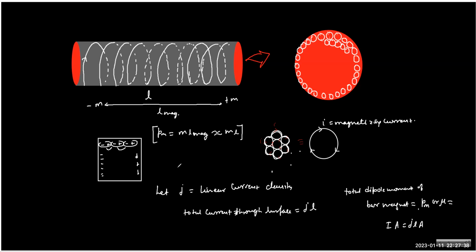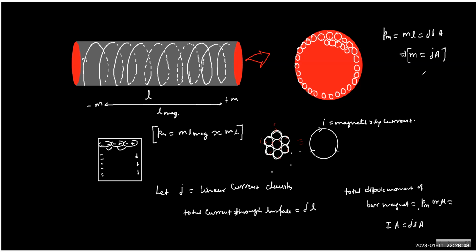Since this is also dipole moment, we can express the dipole moment in two ways: ML, or JLA. Therefore, if you compare, the pole strength M equals JA, where J is the linear current density.